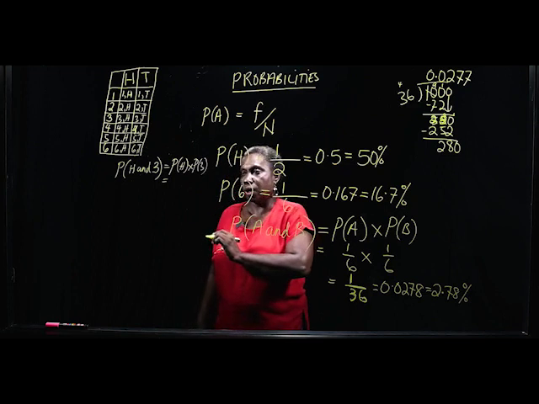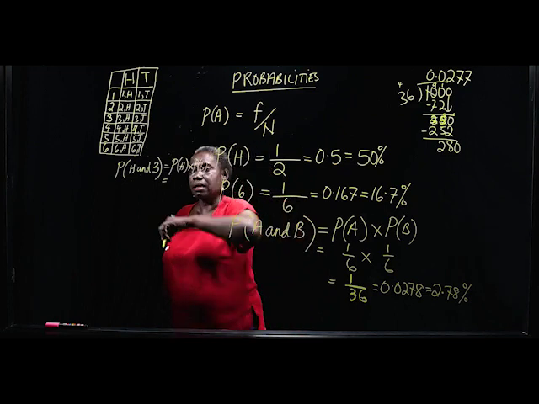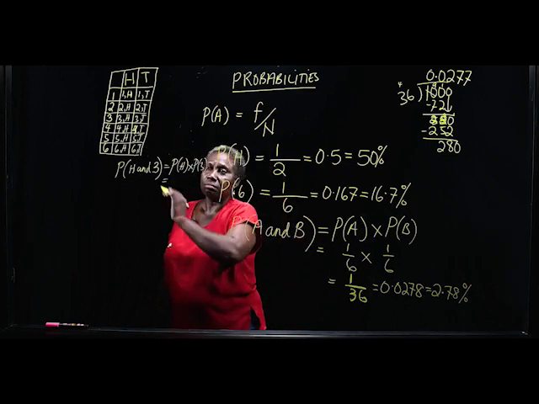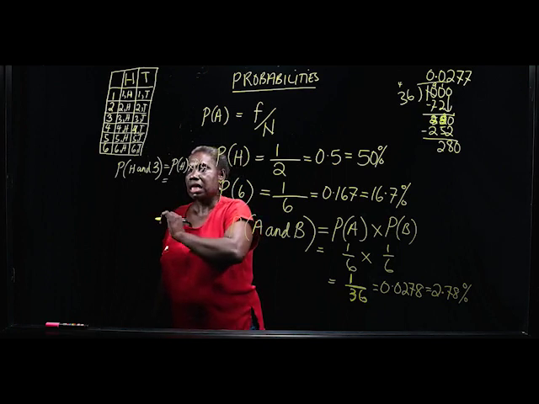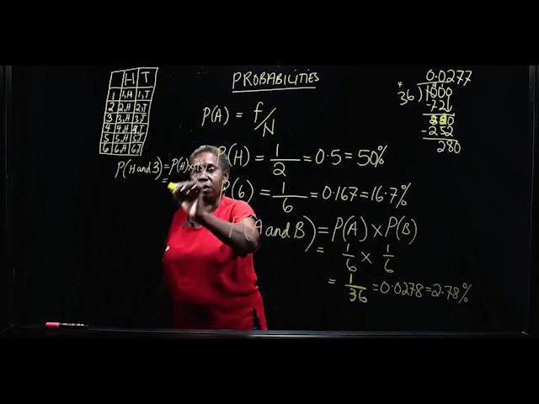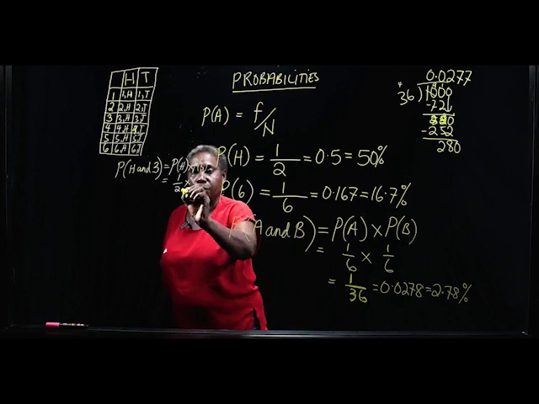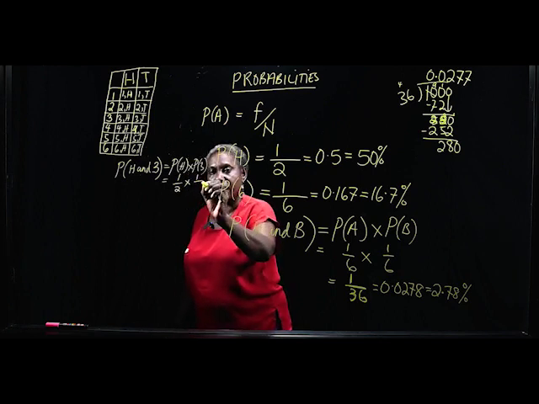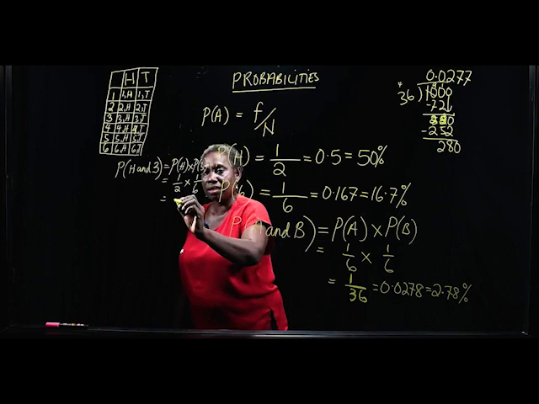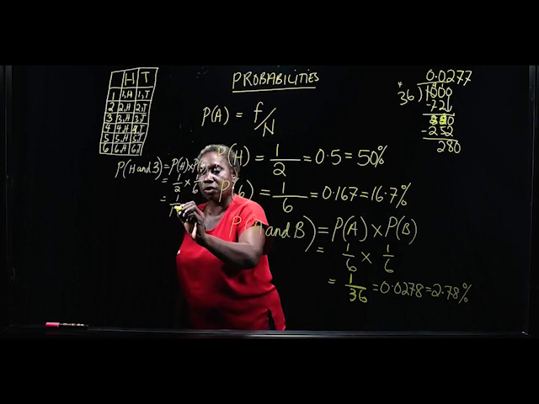The total possible outcomes there is 12. Probability of head, we have 1 over 2, and probability of 3, we have 1 over 6, and that is equal to 1 over 12.